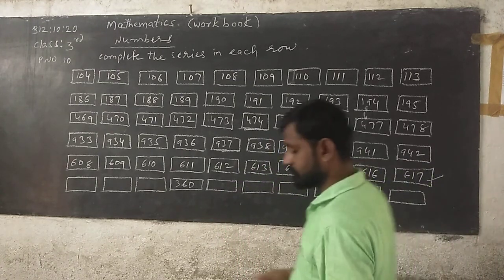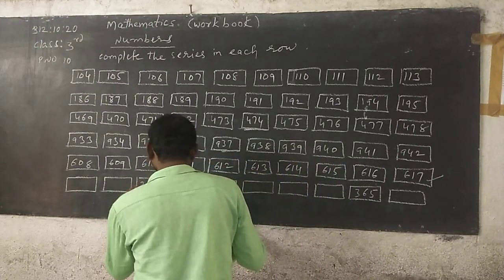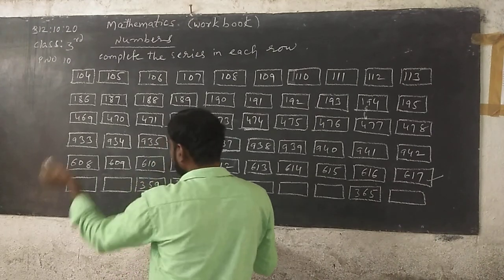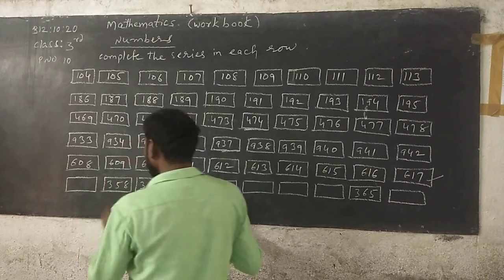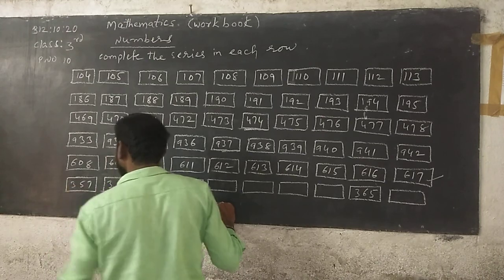See here. 360 before number is 359. 359 before number is 358. 358 before number is 357.